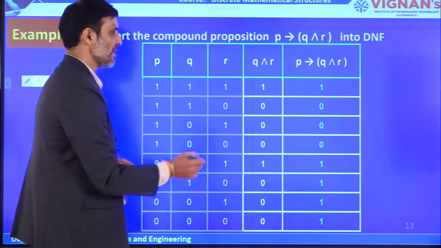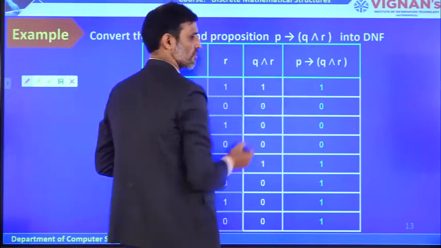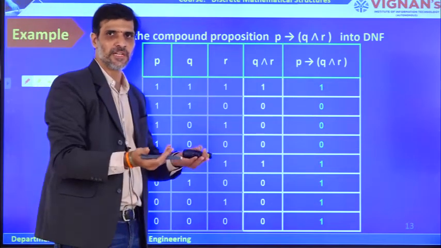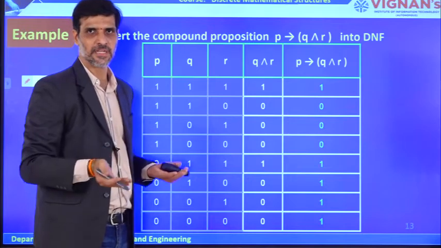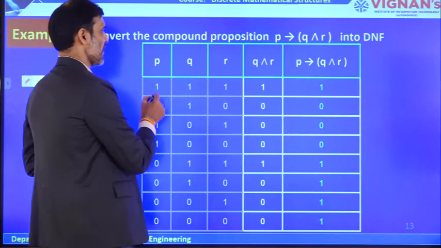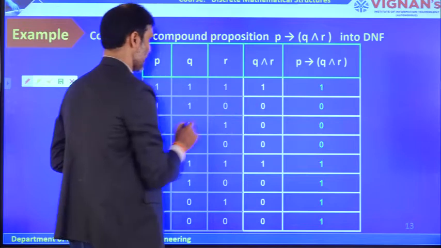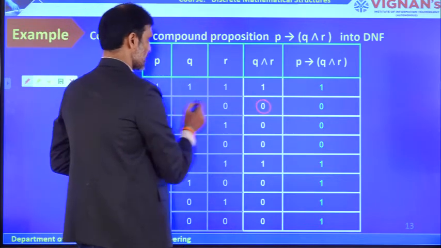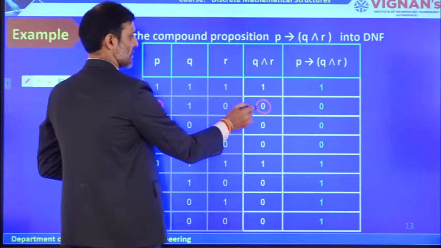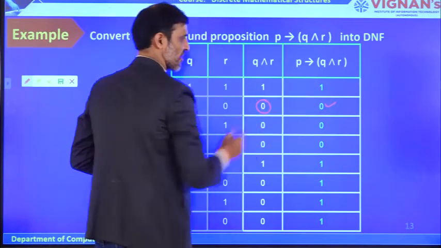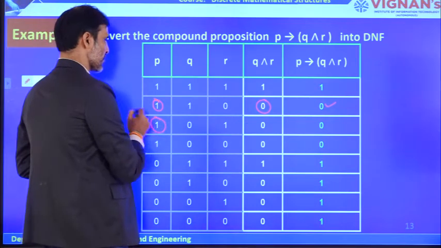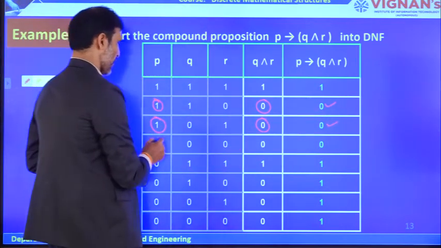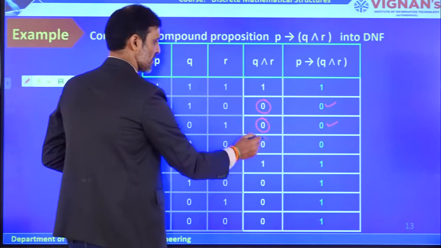And similarly, you will get P implies Q. When will P implies Q be false? If P is true and Q is false, then only it will be false. In the remaining cases, it will be true. So for 1 1 it is 1. Here P is 1 and Q is 0. Since P is true and Q is false, you will get false. The same holds for the other rows where P is true and Q is false.